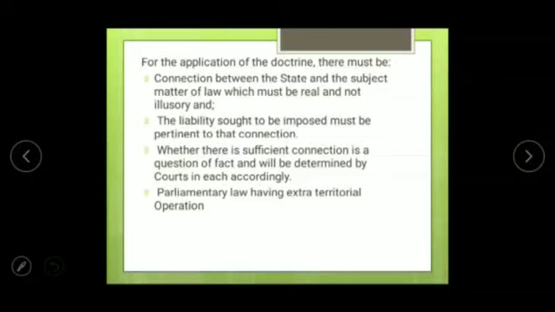These four things should be seen for the application of this doctrine. And Union Parliament may make laws having extraterritorial operation, and such a law would not be void on the ground of having extraterritorial operation. Right? This is what is said in 245.